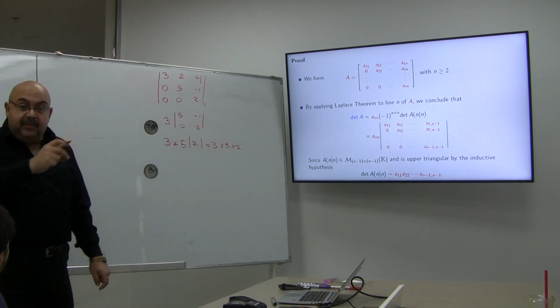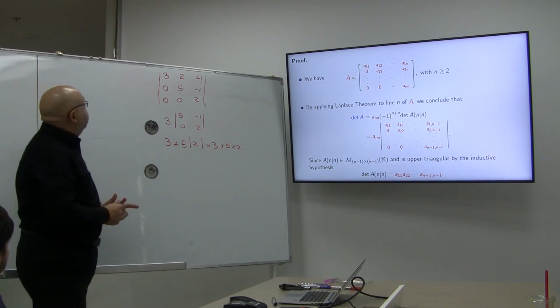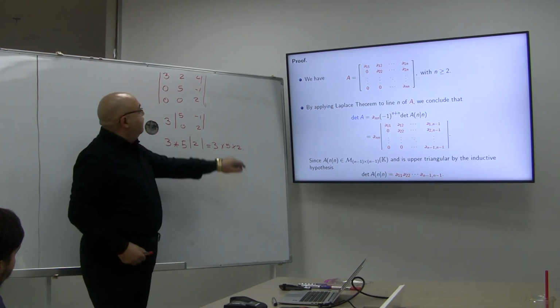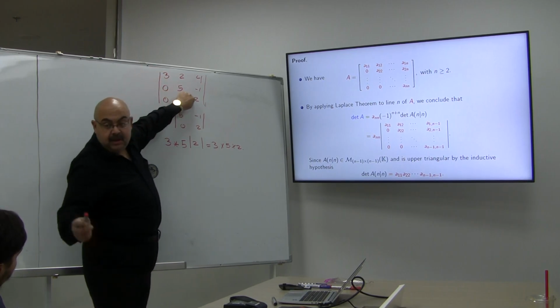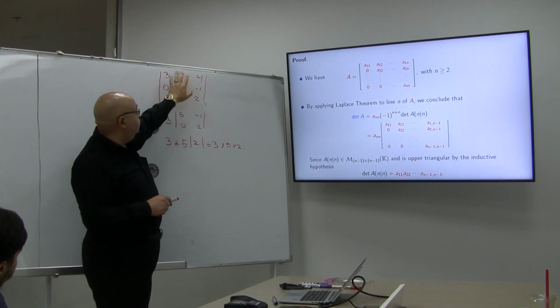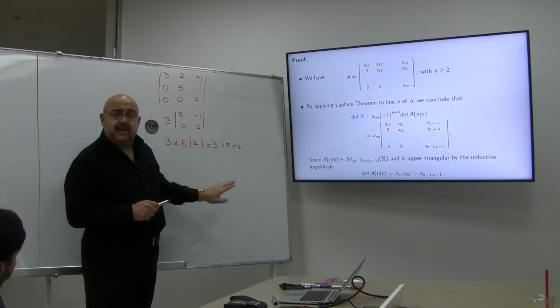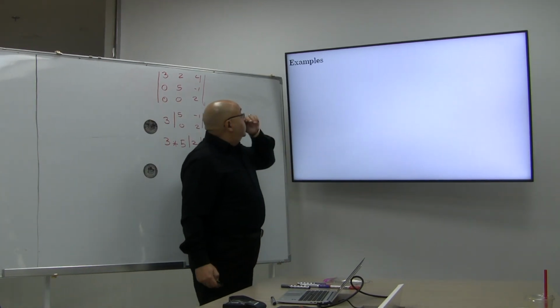It is the multiplication of the elements on the principal diagonal. I don't have to do it anymore. If I have an upper triangular matrix, directly, the value of the determinant is going to be 3 times 5 times 2, and this is consistent with the Laplace rule. Are you with me? If it was 4 by 4, it's going to be the same. 5 by 5 is going to be the same. This is how we prove it.